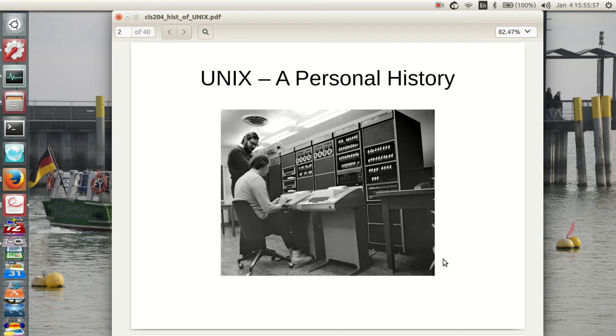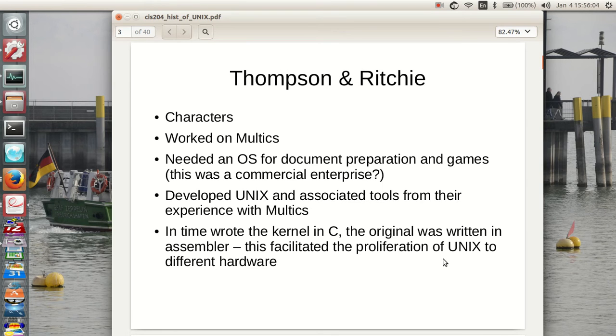They gave the impetus for what became Linux, and they were a couple of characters. Unix started with a project where a group of companies were building an operating system that was to be called Multics. Ken Thompson and Dennis Ritchie were assigned to this project from Bell Laboratories. And Thompson had built a game called Space Travel, and it ran in Multics.